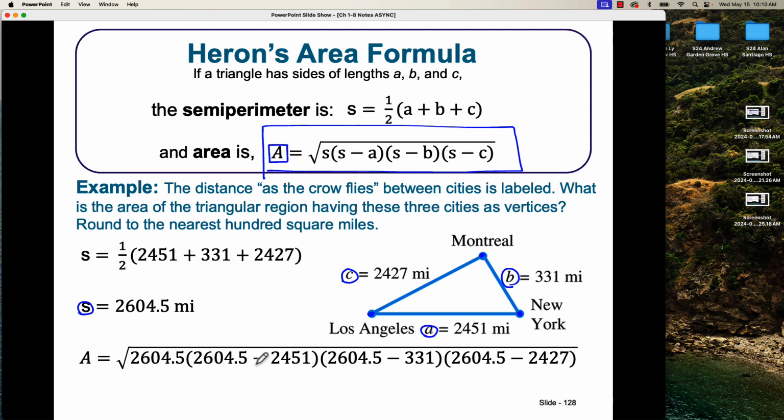Be respectful and careful with your order of operations. If this is typed in correctly and then rounded to the nearest 100 square miles as requested, the area of the triangular region between Los Angeles, Montreal, and New York is approximately 401,700 square miles.